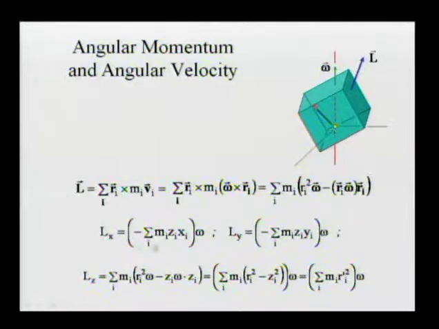These sums have to be 0. Omega doesn't make it 0, because omega is the z component of angular velocity, and it is a non-zero number, which means that this sum has to be 0 in order for Lx to be 0. This sum has to be 0 in order for Ly to be 0.